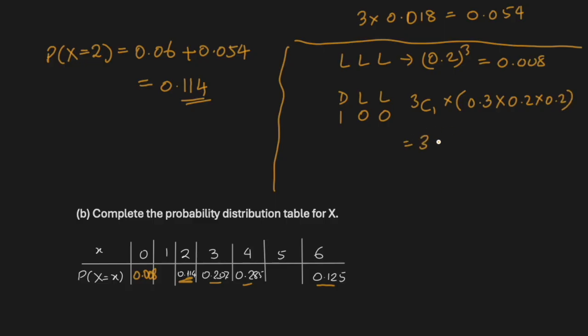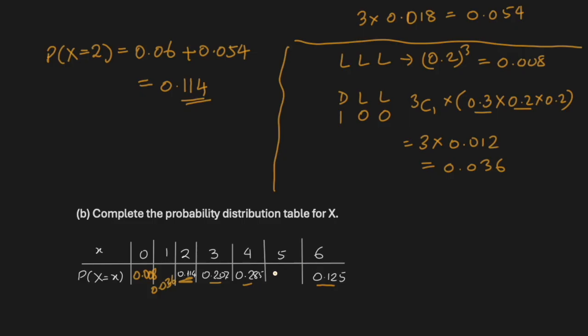So 3 times 0.3 times 0.2 is 0.06, and 0.06 times 0.2 will be 0.012, so it is 0.036.